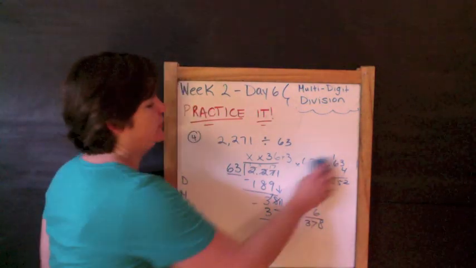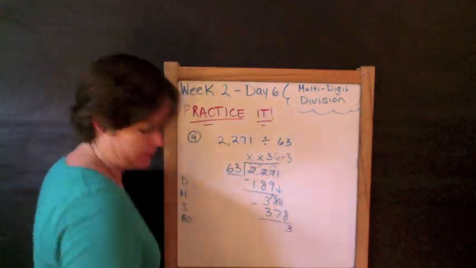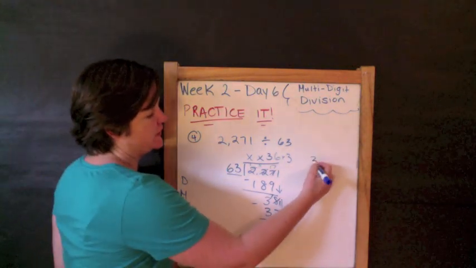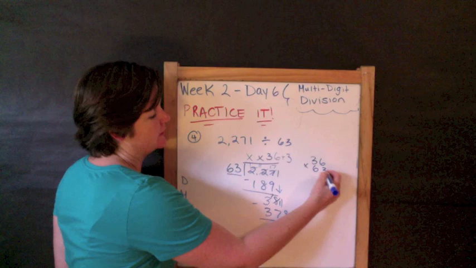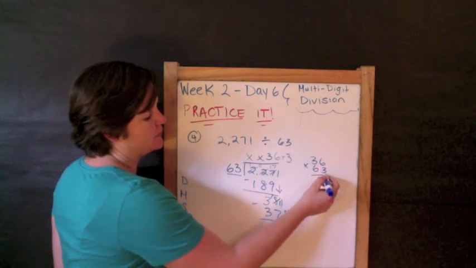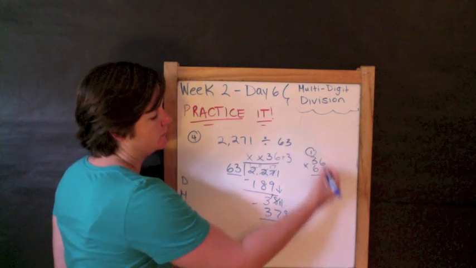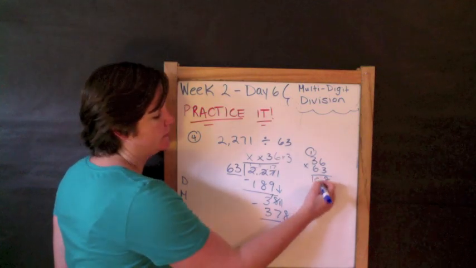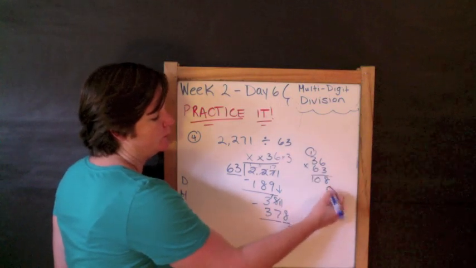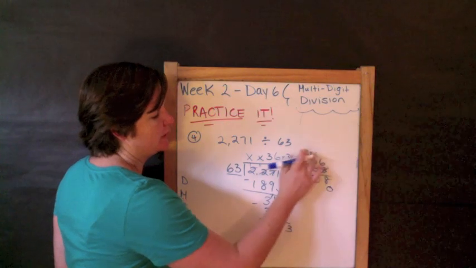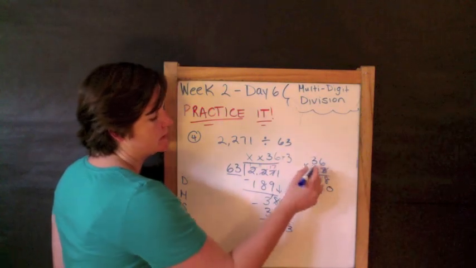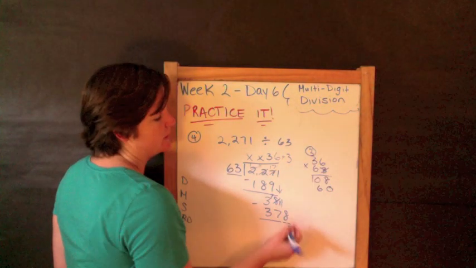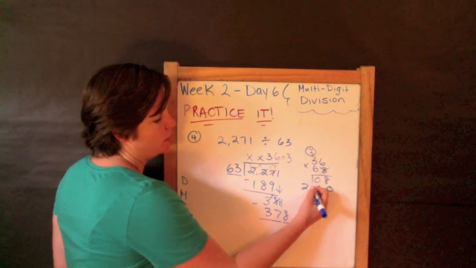Whew, I'm running out of breath. All this talking. Okay. So 36 times 63. 6 times 3 is 18. 3 times 3 is 9, plus 1 is 10. Okay, 0 to hold the place, cross out my 3, get rid of my regroupies. 6 times 6 is 36. 6 times 3 is 18, plus 3 is 21.